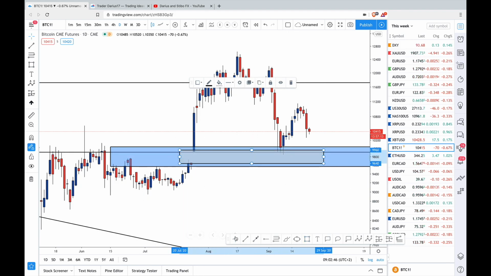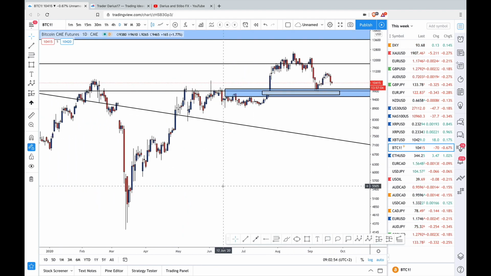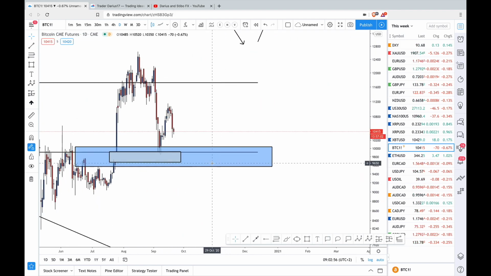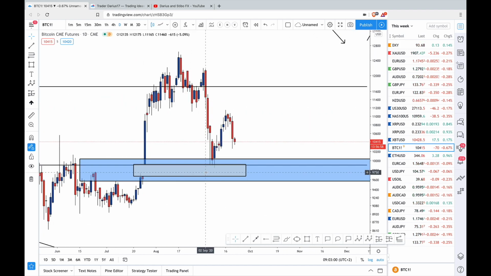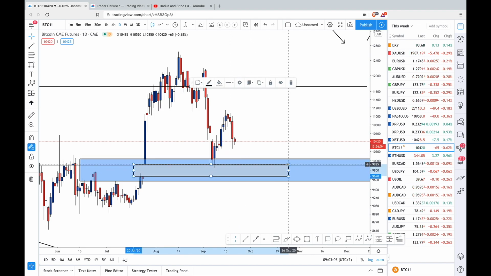Actually we tapped in, but we did not get any candle close in this gap. This is the only thing which makes me a little bit confused about the future on Bitcoin over here. So if we're going to get one last tap into this area.